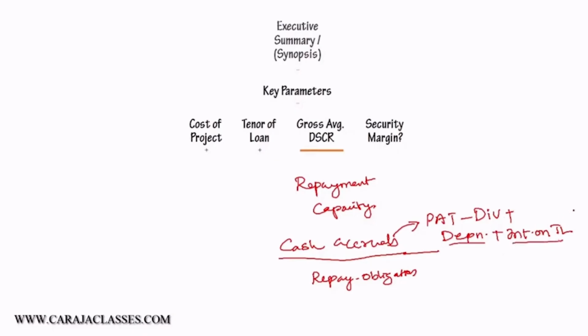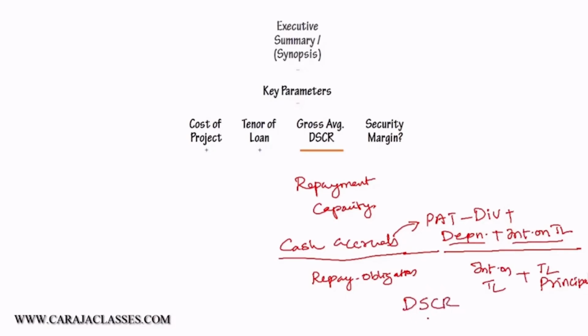Interest on working capital is not taken into consideration. That is divided by repayment obligation, which is nothing but interest on term loan plus term loan principal installments. When you divide this, you get some number, and that's what we call DSCR.